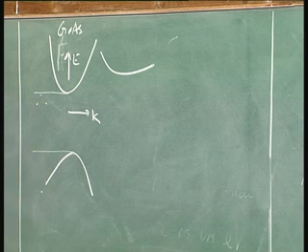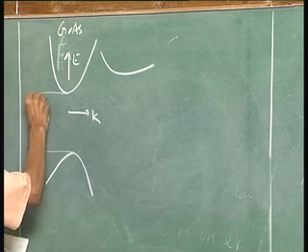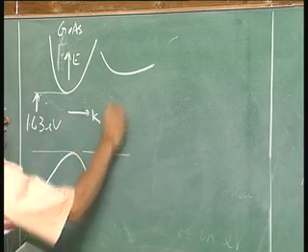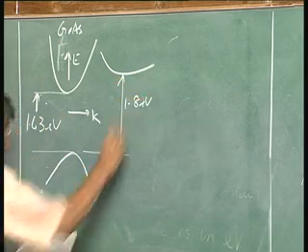That is understood. So, it is a direct band gap semiconductor, and this is 1.43. I am rewriting whatever I have written there earlier, and this quantity is 1.8 electron volts.